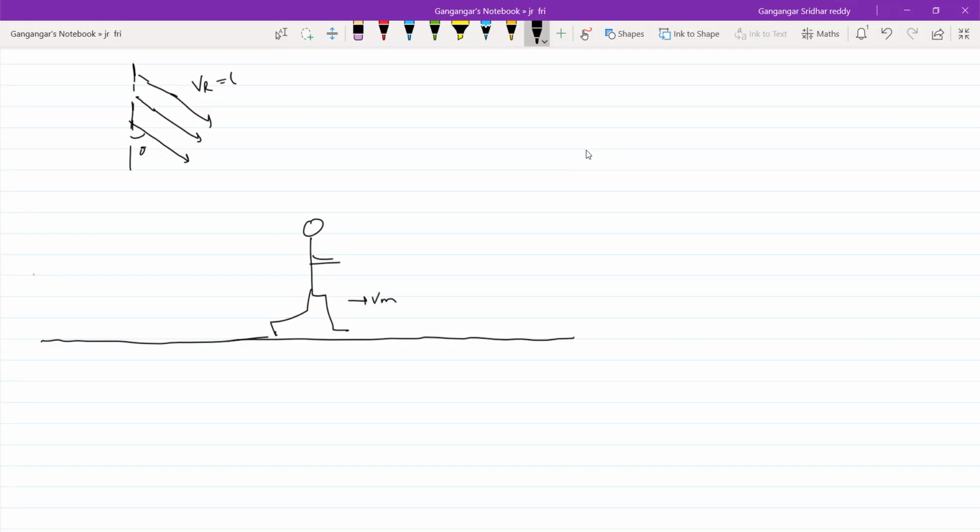Let the velocity of rain be 10 meter per second, and theta be 30 degrees. Let the velocity of man be 4 meter per second. For these velocities, what will be the orientation of the umbrella?